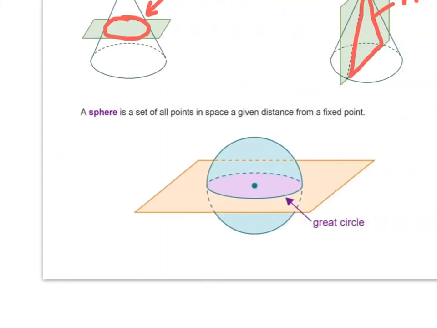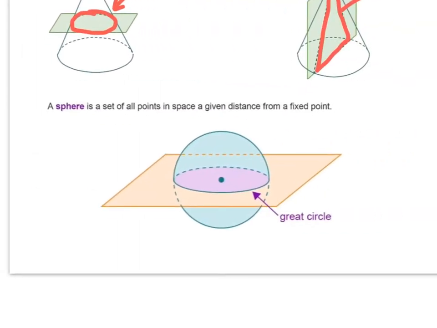So a sphere is kind of an interesting thing. A sphere is a circle that's been rotated around an axis, if you want to classify it that way. But a sphere is the set of all points in space at a given distance from a fixed point.